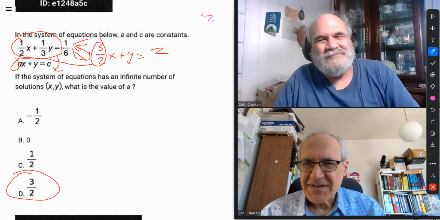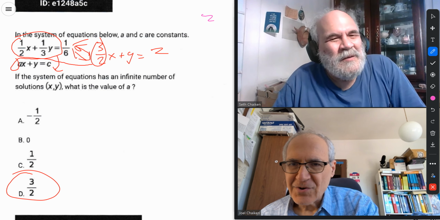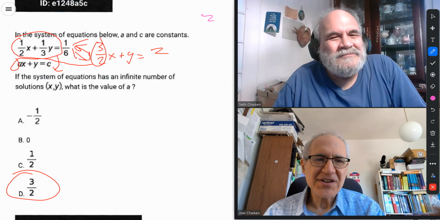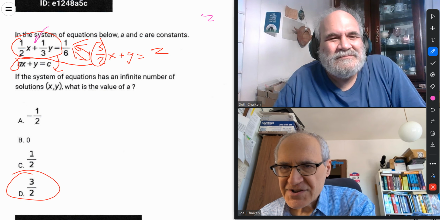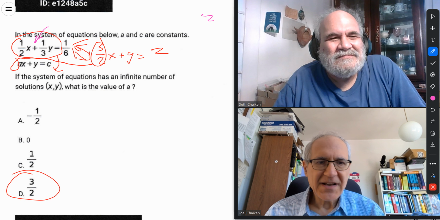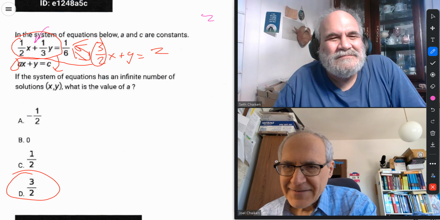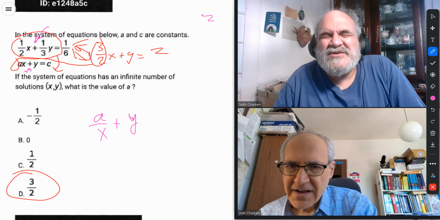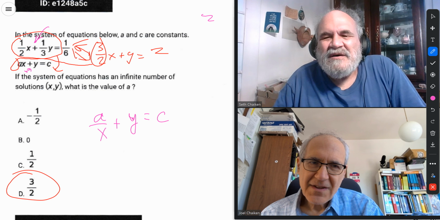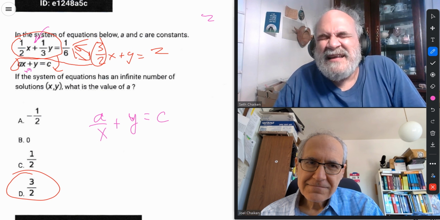Well, I probably would have done a similar thing. I would have noticed that in order to have this type of condition, infinite or no solution, the coefficients in front of the x and the y must be identical. So in order to do that, I'm going to take this ax. No. The coefficients in front of the x and the y for the top and bottom are not identical.